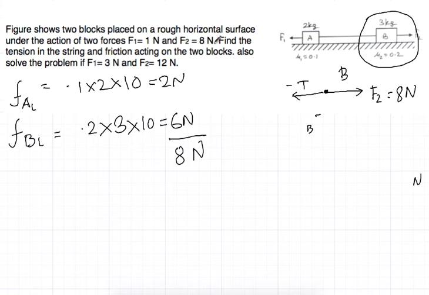Sorry, 8 minus 1 Newton, right? Because F1 and F2 are applied in different directions. So the total force in this direction is 7 Newton. Are you getting my point? Because 8 Newton in this direction and 1 Newton in this direction, so this is 7 Newton. Since this force is less than the total opposing force, this system will never move.